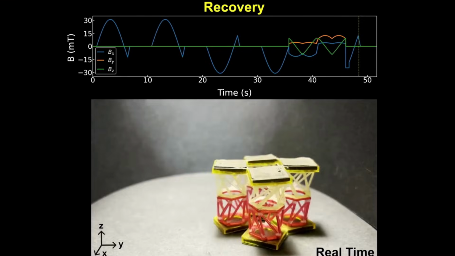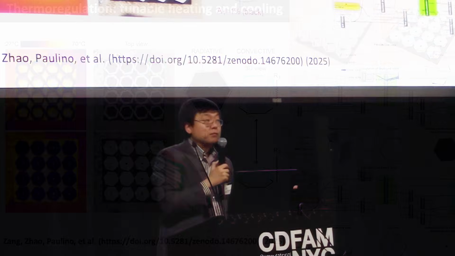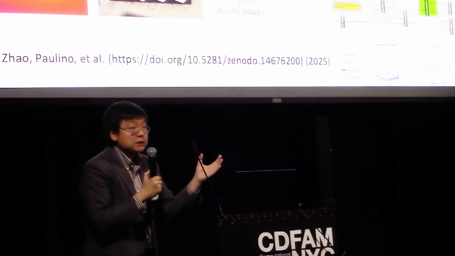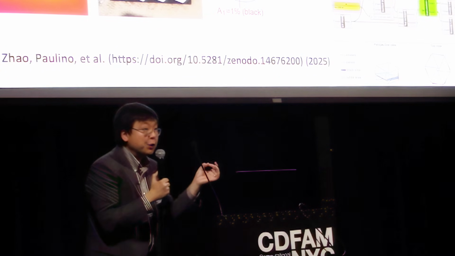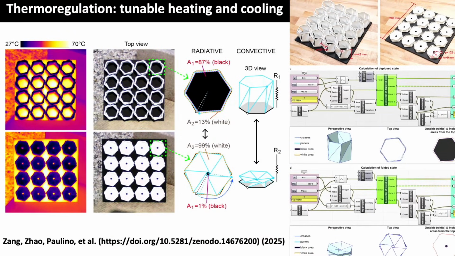Okay. So the last application I'm going to show you is regarding thermal regulation. If we incorporate some optical material on this assembly, we can fully utilize the different configurations to achieve so-called passive cooling or heating. Essentially, as a proof of concept, we're just utilizing black and white paper to build up the unit cells.